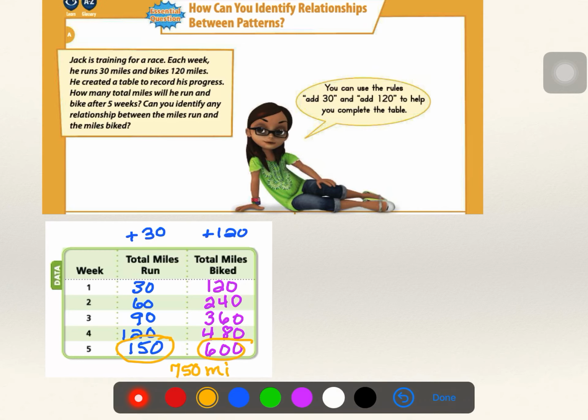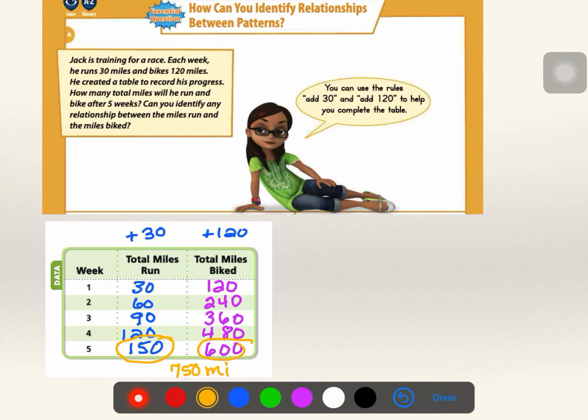The question also asked me for the relationship between the two. 30 to 120 is a difference of 90. But 60 plus 90 is not 240. We are not adding here. We're multiplying. How many times would I multiply 30 to get 120? Or 60 to get 240?